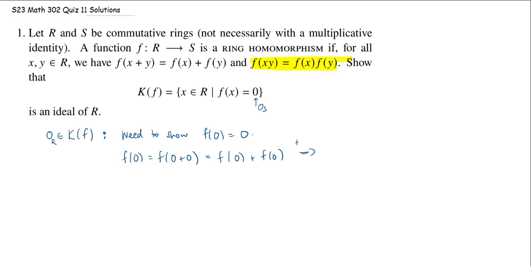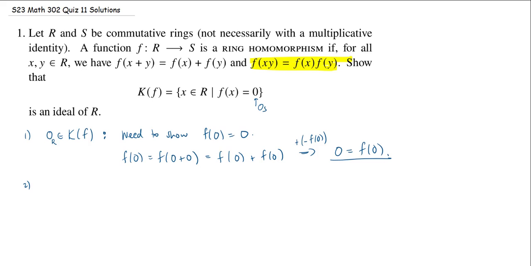On the left-hand side, I'll get f of 0 plus negative f of 0, which will be 0. And on the right-hand side, I'll get f of 0 plus f of 0 plus negative f of 0, and that will cancel the last f of 0, and I'll just get f of 0. There we go. We were able to show that the image of 0 is 0. So that's the first thing we have to check.